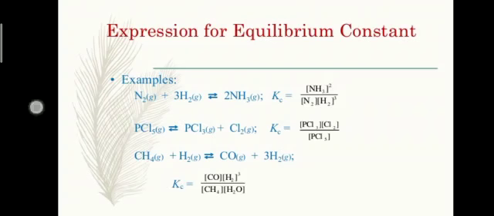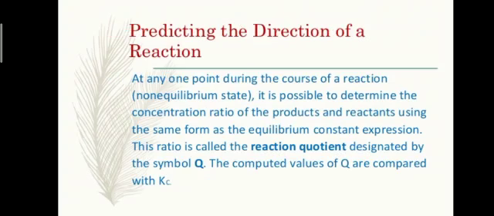Now, the important applications of equilibrium constant. First is the direction of the reaction. We can determine the direction of the reaction with the help of the equilibrium constant expression, that is Kc is equal to the concentration of products to the concentration of reactants.